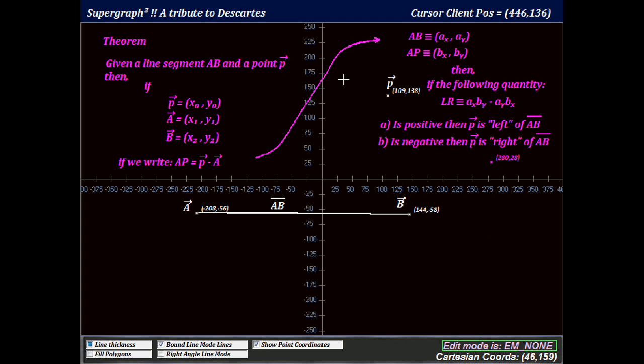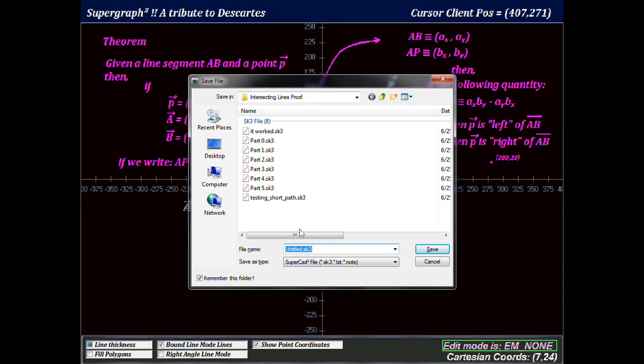Alright, so now I have a thing set up that won't do it in this mode, but it'll do it in the Polygon mode. Maybe I'll just save this theorem. Did I hit save? Theorem left, right.